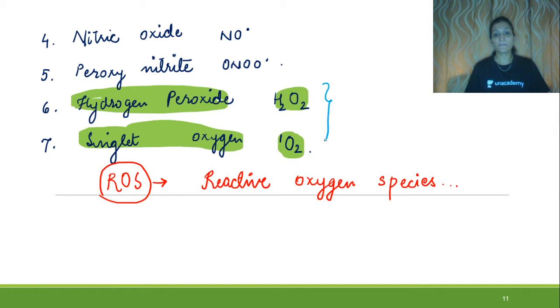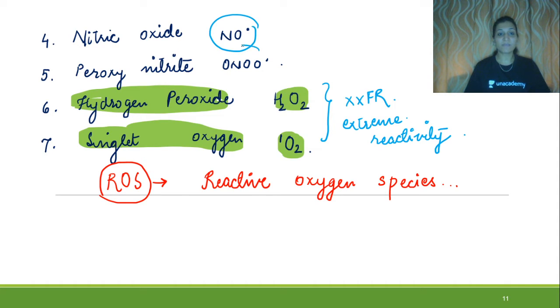They are not in the category of free radicals, but they are kept in this category because of their extreme reactivity, right? And nitric oxide and peroxynitrite are called reactive nitrogen species. Here they are called reactive oxygen species, and these are called reactive nitrogen species.